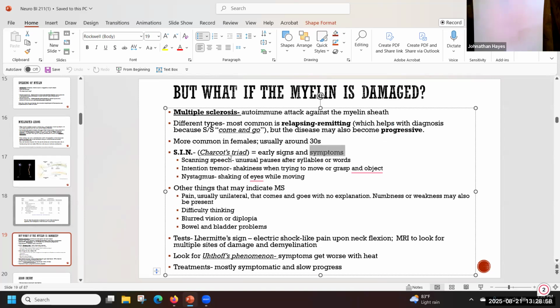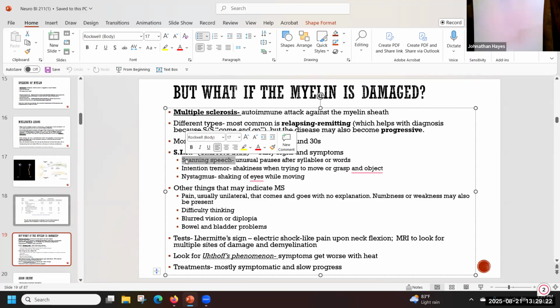And scanning speech might be noticeable early on. Scanning speech is where they tend to have these breaks. And sometimes it just seems like they have a hard time getting it out, or maybe they'll emphasize things at weird points.